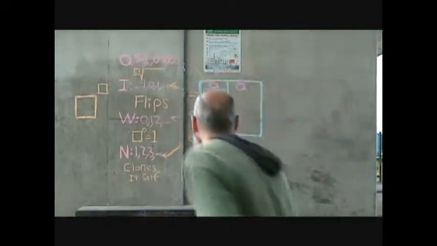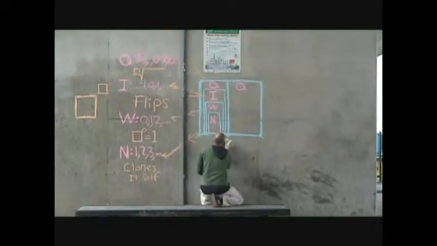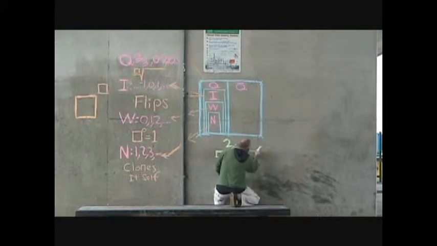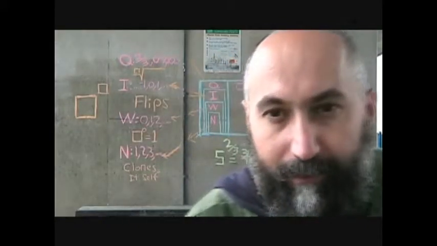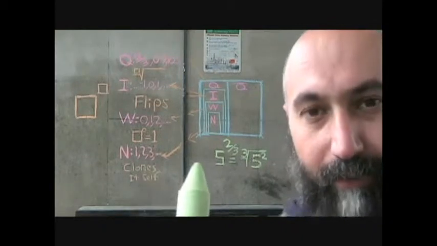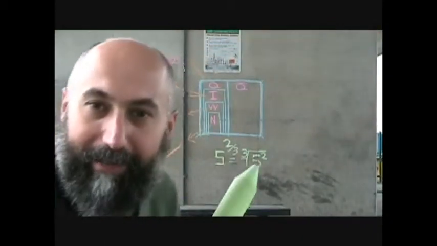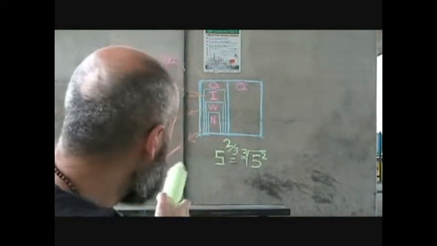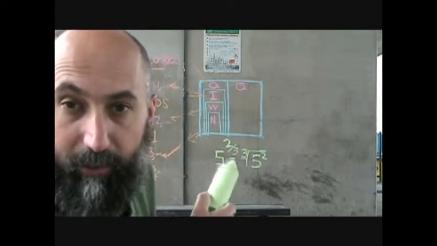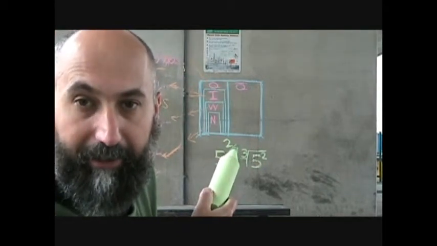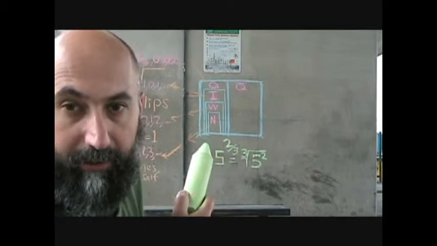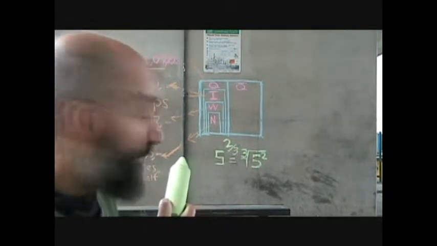Let's do that. So what do we got? We got 5 to the power of 2 over 3. The way it works is that 3 in the denominator moves to the radical in front of the 5.